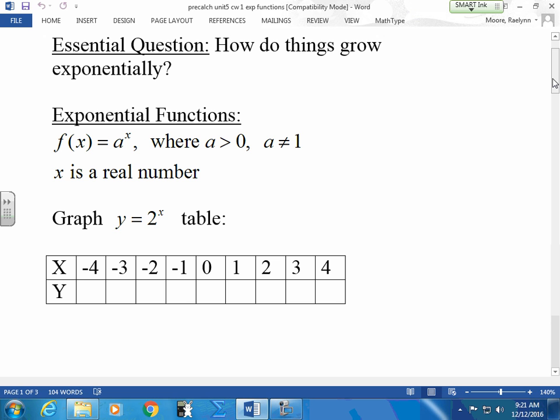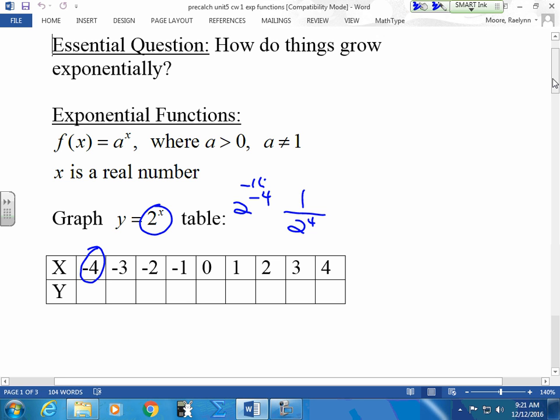So if you put this in your calculator and give me a basic graph, what does a negative exponent do? Anybody remember what the negative exponent does? You put it 1 over the positive. If it helps, factor the negative 1 out of any exponent.